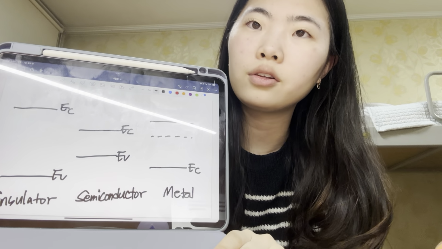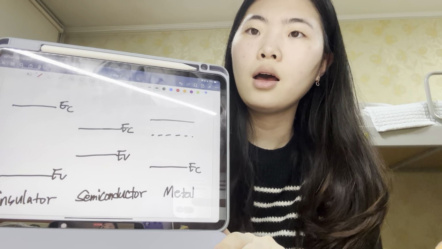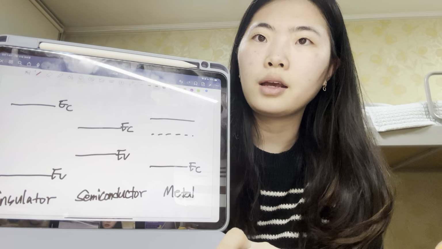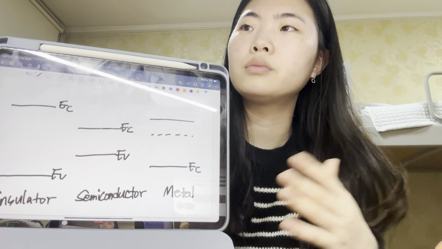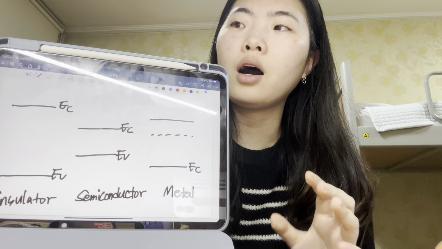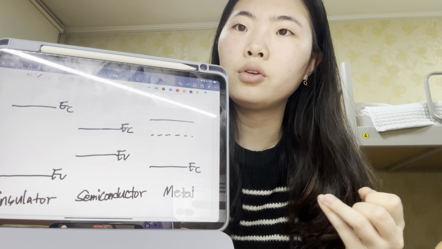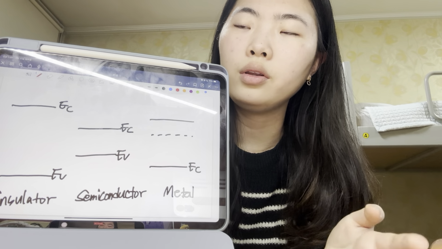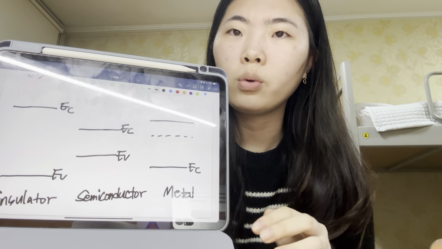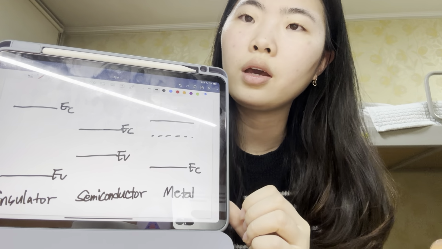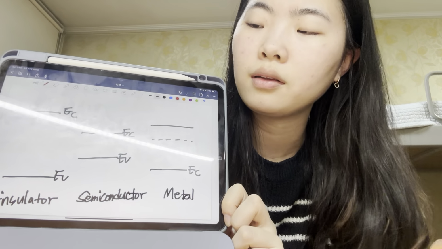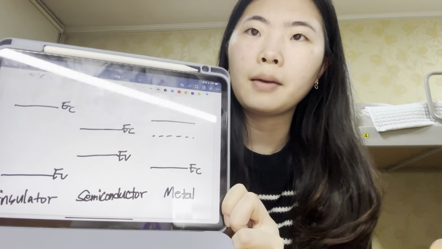However, if they don't have enough energy to jump up, current cannot flow. So depending on how much energy is put in here, the current can flow or not flow. So we can adjust the current flow. This works like a semiconductor.